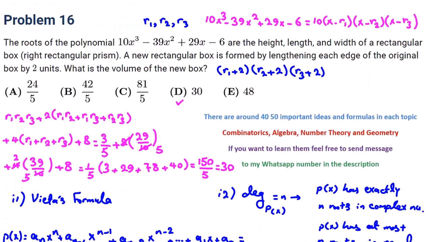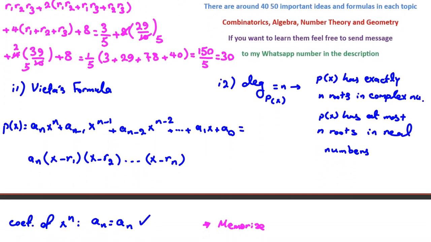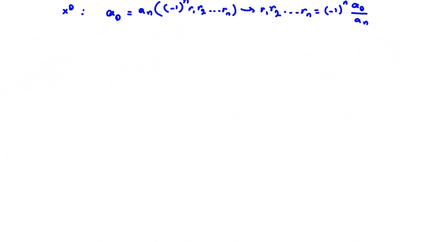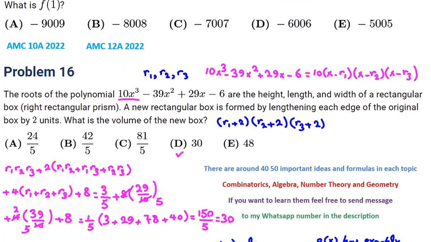Okay. Now because we worked on these polynomials, let me tell you 2 more ideas related to polynomials. A polynomial of degree n has at most n roots, idea 3. If degree of p of x equals n, degree means the maximum power, for example here the degree is 3.